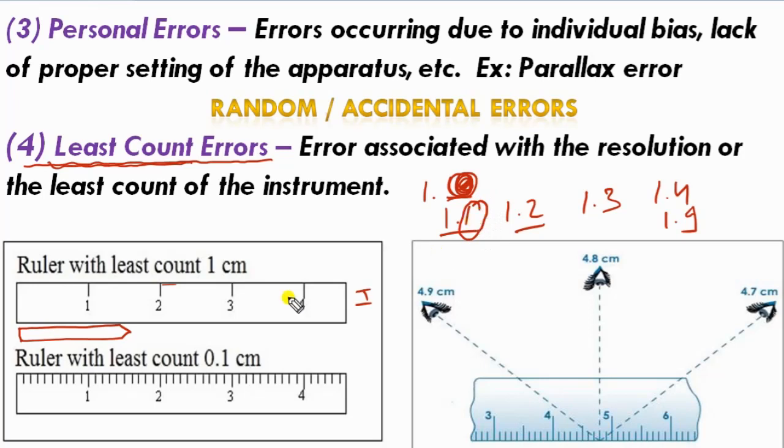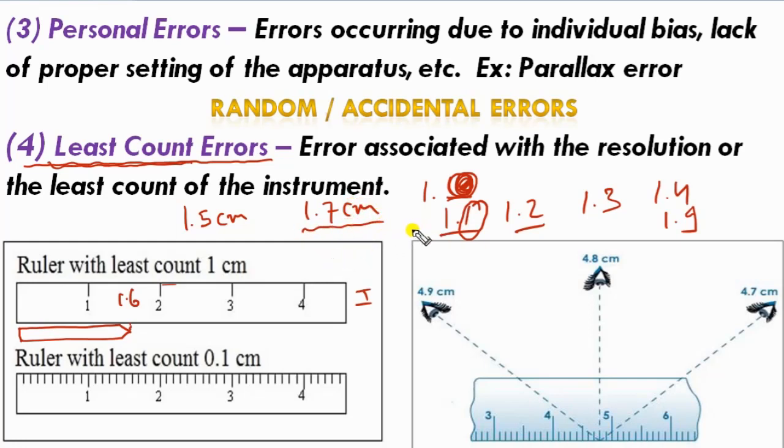Let's say the true value of the length of this pencil is 1.6 centimeter. Now if someone is judging this length as 1.5 centimeter, there is a negative error of minus 0.1 centimeter in his measurement. While if the same person or some other person is judging this length as 1.7 centimeter, there will be a positive error of 0.1 centimeter.